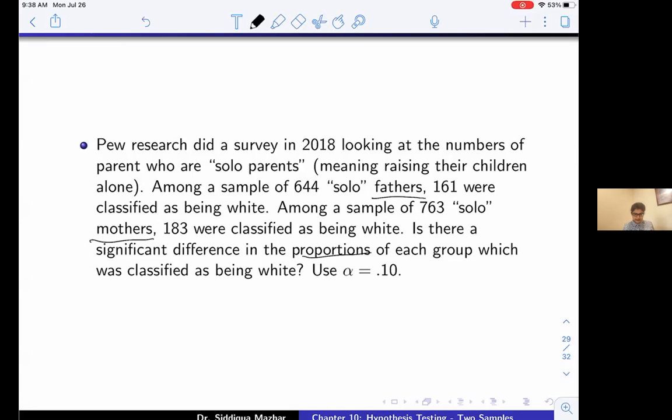X2 is the number of mothers who were selected as white from among 763, which is 183. N2 is 763. And P1 is not equal to P2 as the alternative hypothesis. This is my data. And now I have to press calculate.